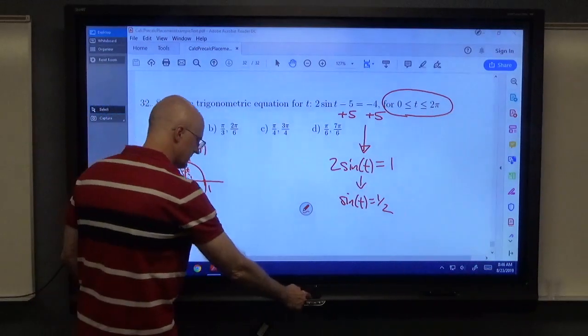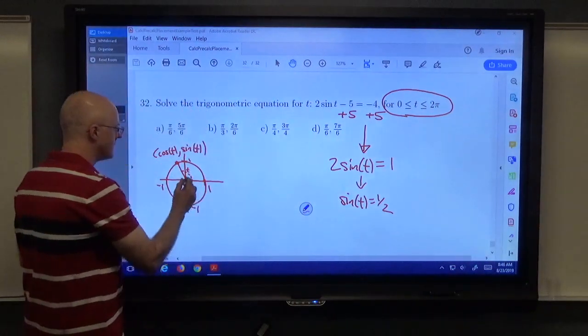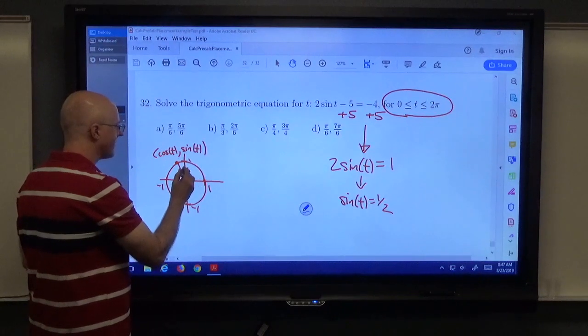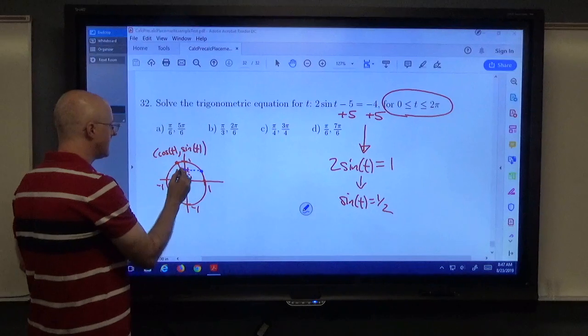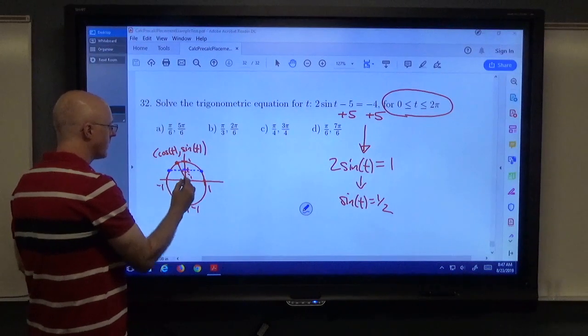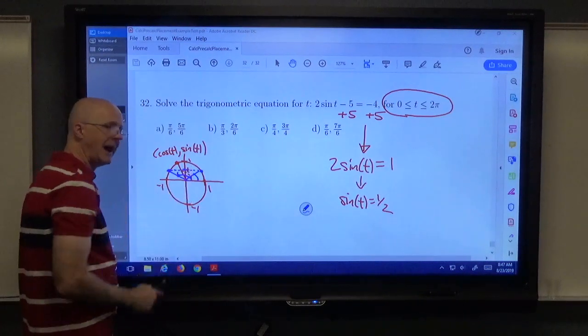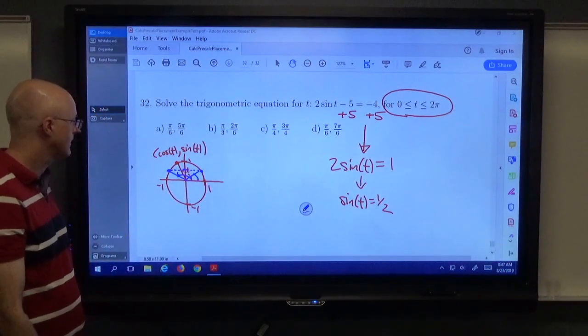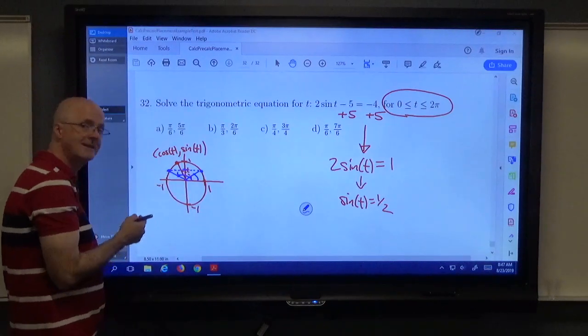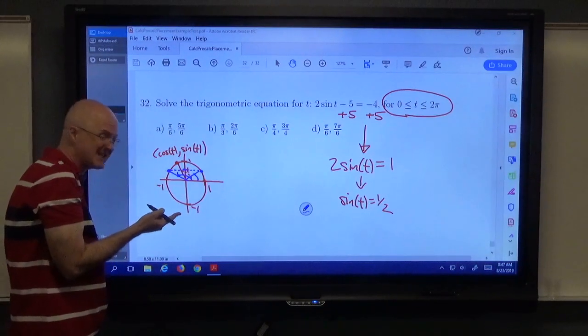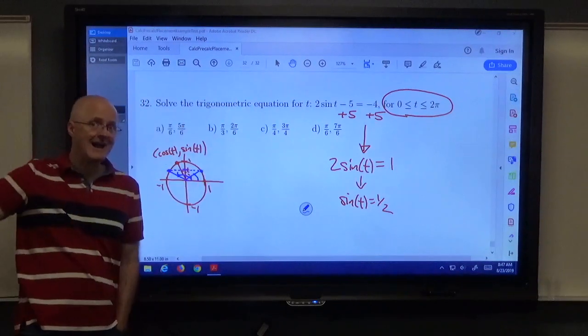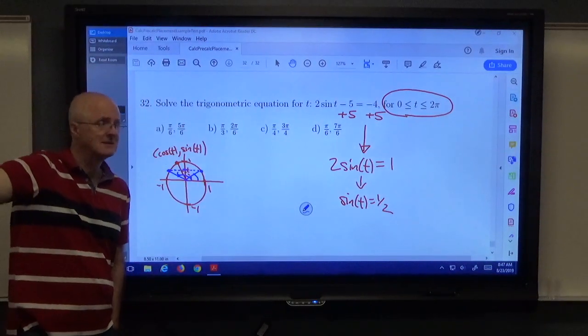Let me use a different color. Second coordinate of 1/2. 1/2 is right about there. We're after this angle and this one. This one is pi over 6, and that's just something to remember. This one, from symmetry, is going to be pi minus pi over 6.